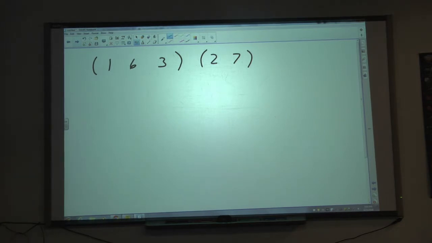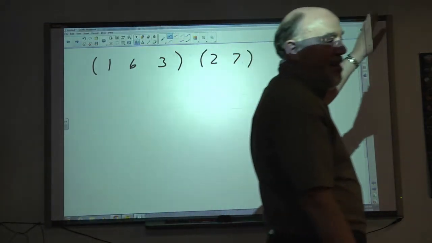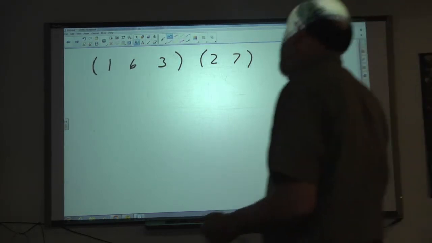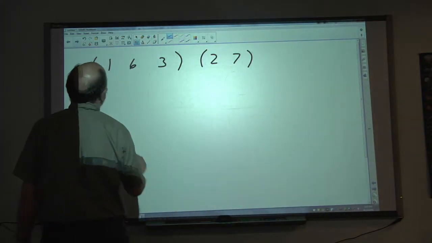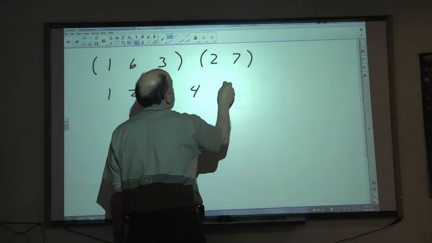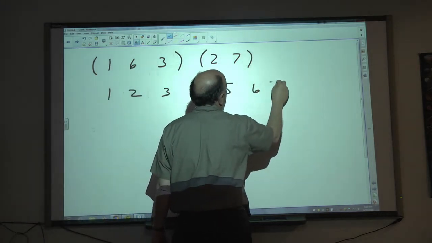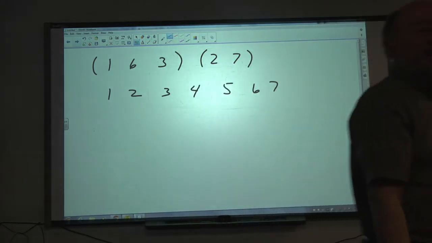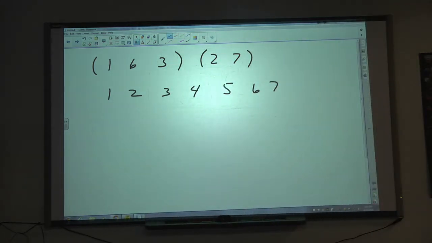We're going to assume that the largest number in my group is going to be the 7, and we're going to stop at that point. And then the question is, what goes down there in my bottom line, given this example?